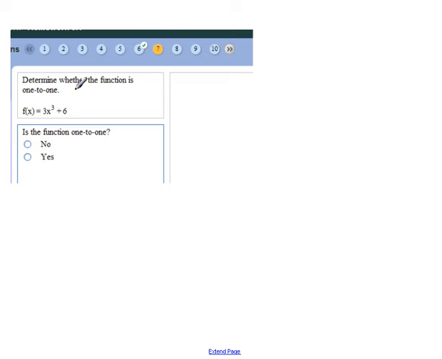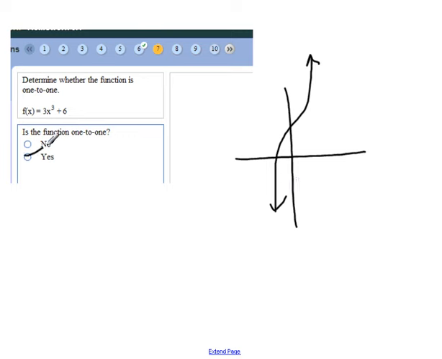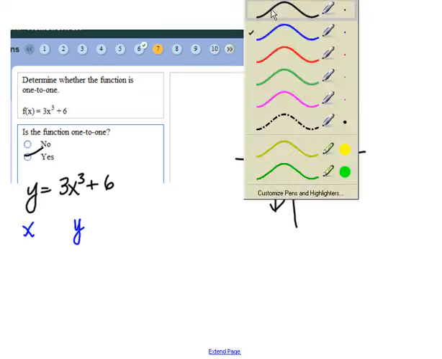Number 7, determine whether the function is one-to-one. That's a cubic function, right? It's got a stretch and moving up, so it is one-to-one. And if so, find the inverse. Well, if y is equal to 3x cubed plus 6, what can we do to find the inverse? We would have to interchange the x and the y, right?